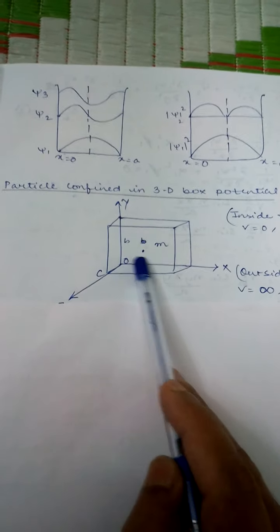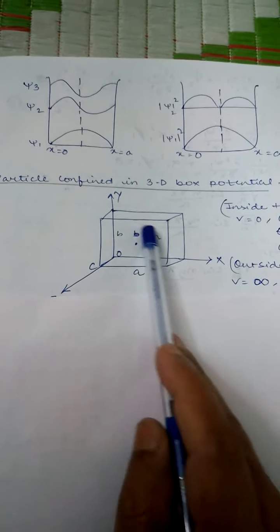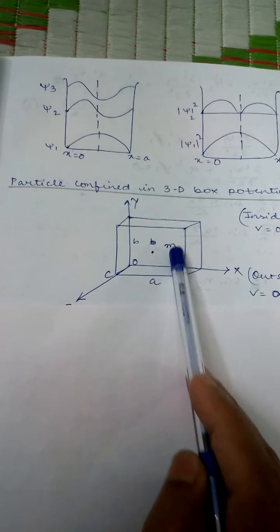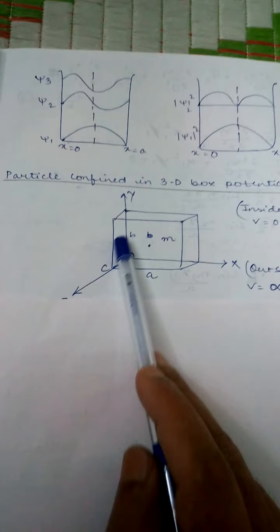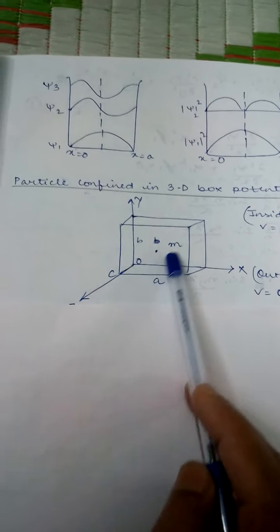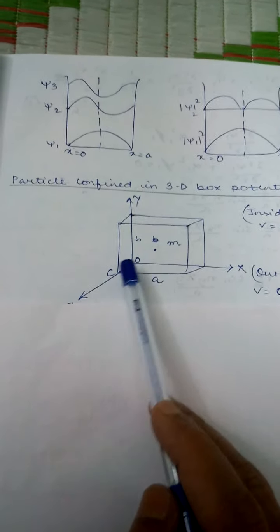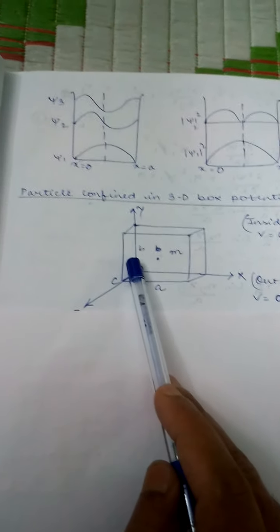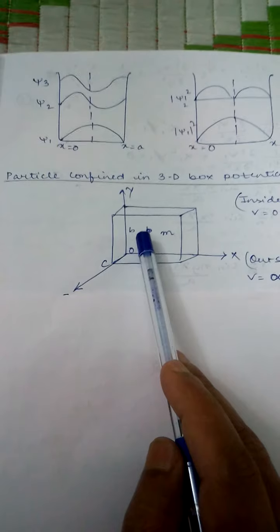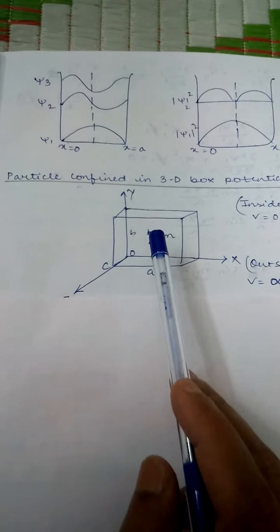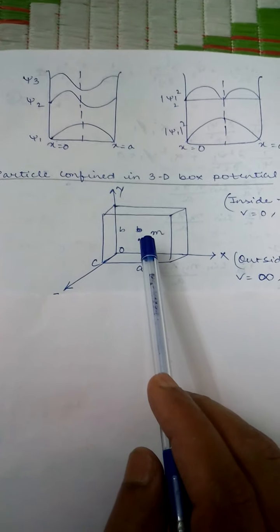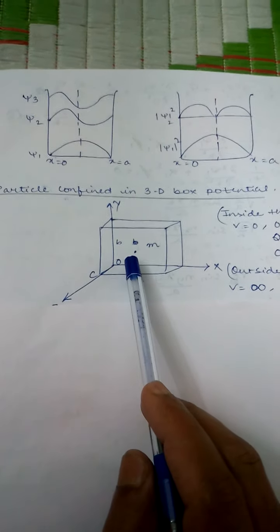Our aim is to find its energy, its wave function, etc. Total energy, kinetic energy, its probability density, and the expression of probability density, with the help of the Schrodinger wave equation. This means we will get this information after solving the Schrodinger equation in 3D.